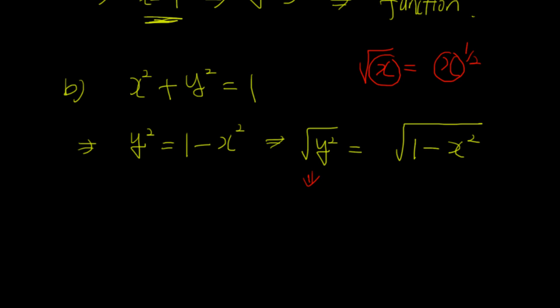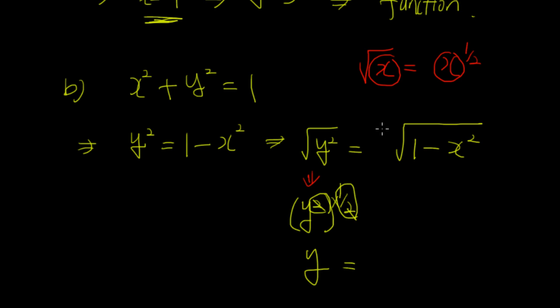That means y squared to the what power? Half power. So what do we do with this exponent and this exponent? We multiply them together, right? We have exponent over exponent. We multiply them together, and that becomes just y. So this left-hand side is just going to be y.